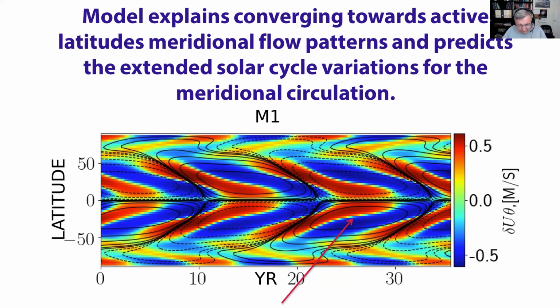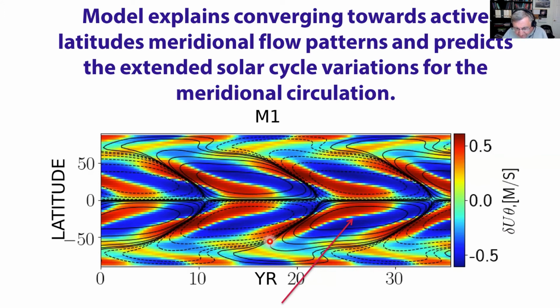Here we can see variations of meridional circulation in this model. The contour lines are the toroidal magnetic field, and blue and red are variations of the meridional circulation. In this case, it corresponds to the flows converging towards the active latitudes.